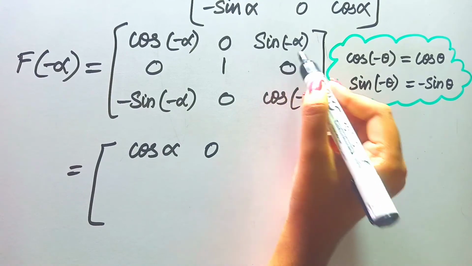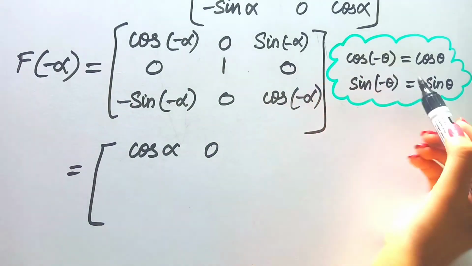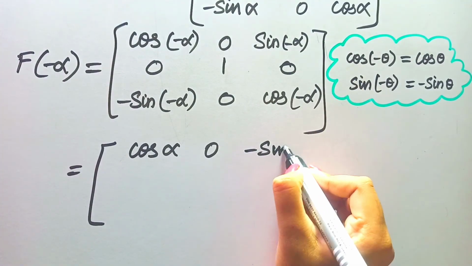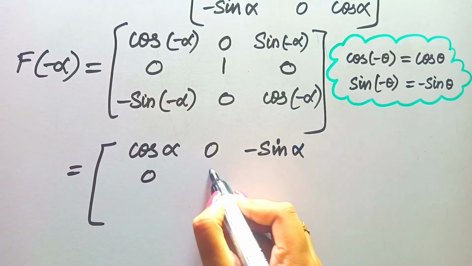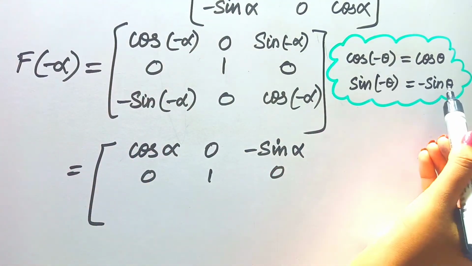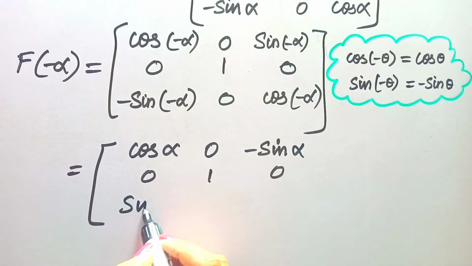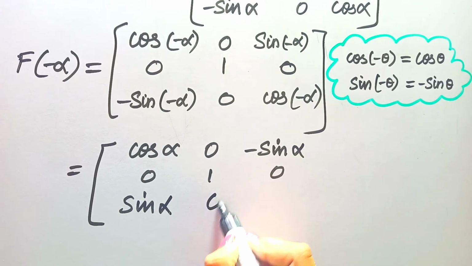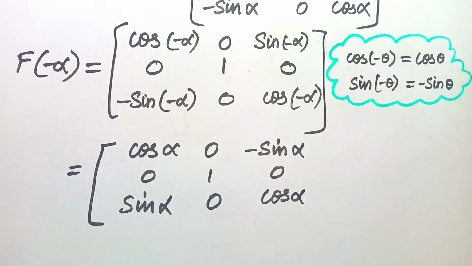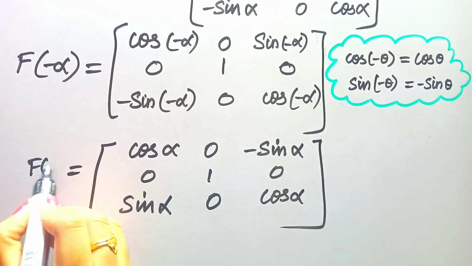Then sin of minus alpha will be equal to minus sin alpha. So here you have to substitute minus sin alpha. Similarly, here there is a minus and here there is also a minus, so you can write it as sin alpha and then 0. So cos of minus theta would be cos theta, so cos alpha. Okay, so this is our f of minus alpha.